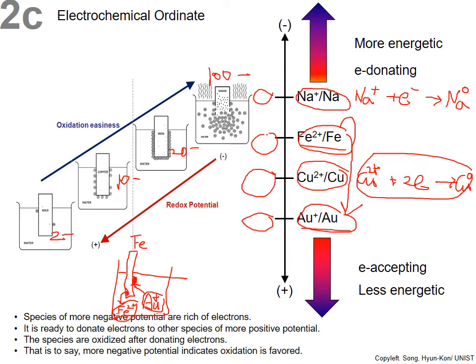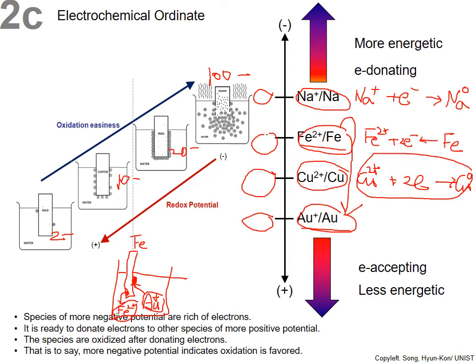That is the situation. So after electron transfer, what happens? Fe is going to Fe2 plus by donating its 2 electrons into gold 2 plus.